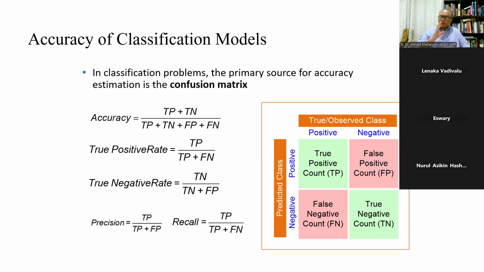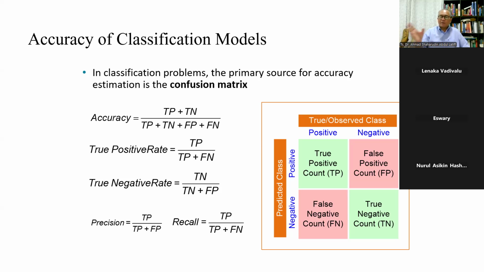You expected it to be a fish, but actually it is not a fish. It is, for example, a dolphin, which is a mammal. So it's a false positive, something like that.